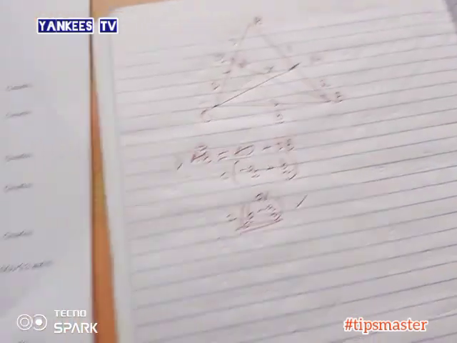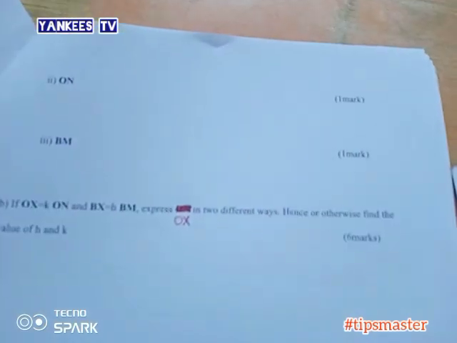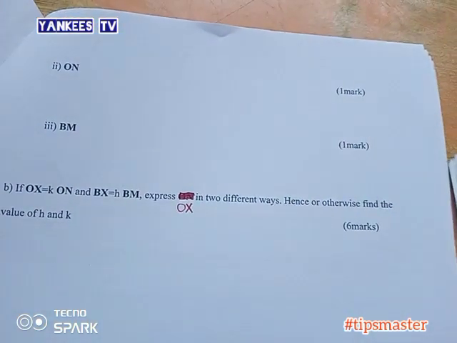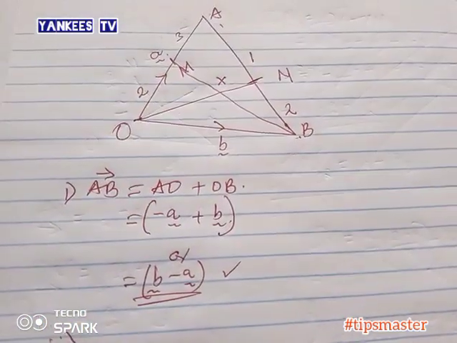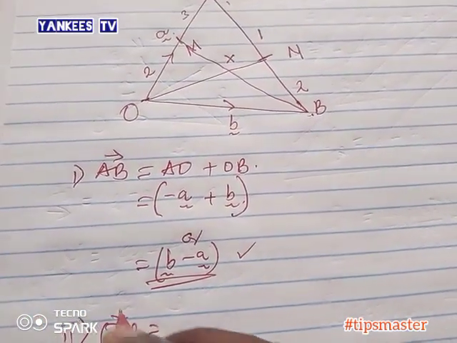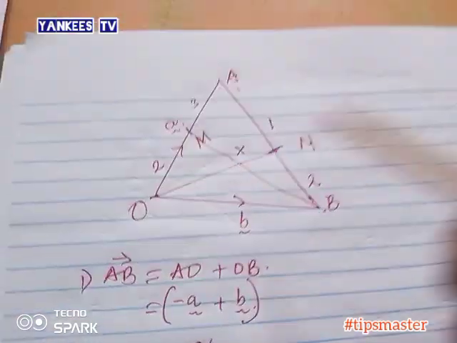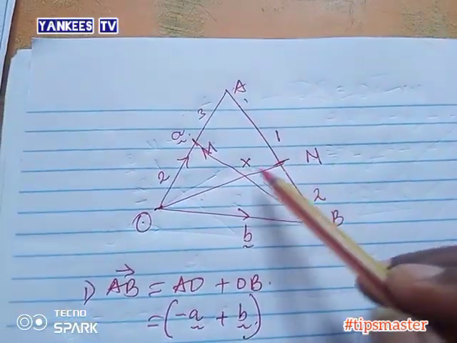Yes, so part 2 of the question reads ON. So we also have to write ON in the same format. We are at O and we want to go to N. How do we move?